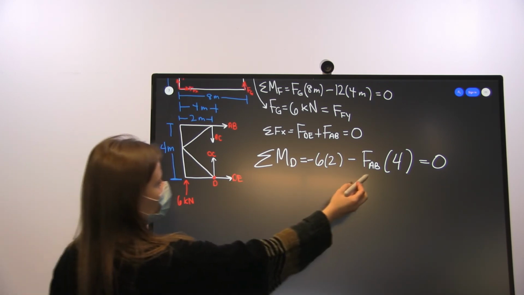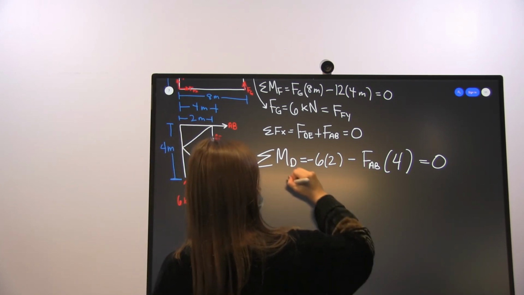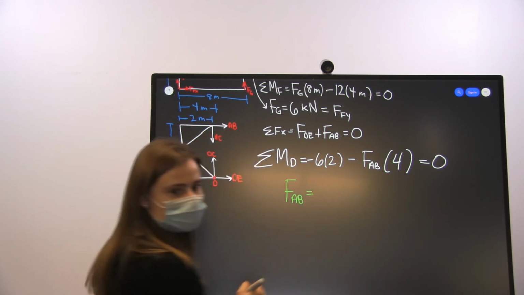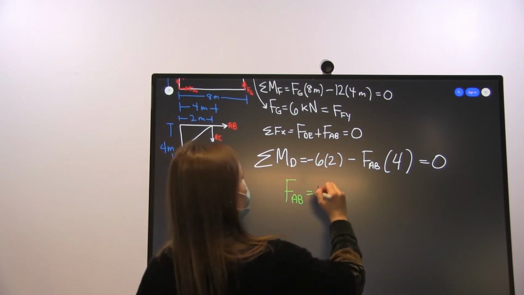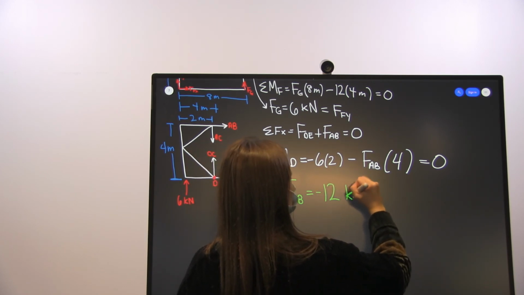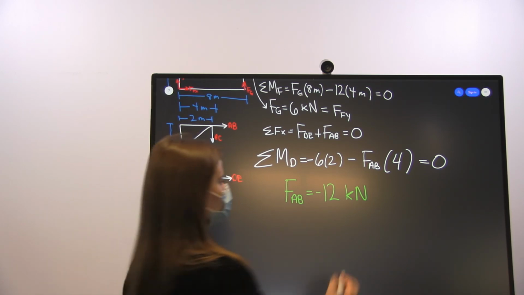So when we have this equation, we can solve for force AB, and that gives us negative 12 kilonewtons, and it's negative, so that's a compressive force.